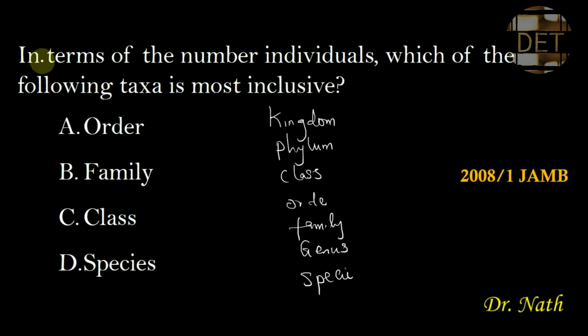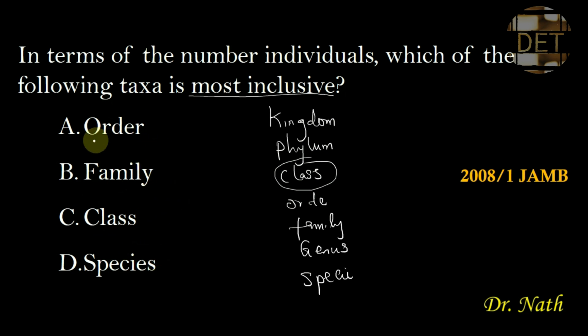So the question is, in terms of the number of individuals, which of the following taxa is most inclusive? Most inclusive means contains most or more number of organisms. So if we look at the options here, we have order, family, class, and species. Which of them comes first? If we observe very well, class comes first before order, before family, and before species.